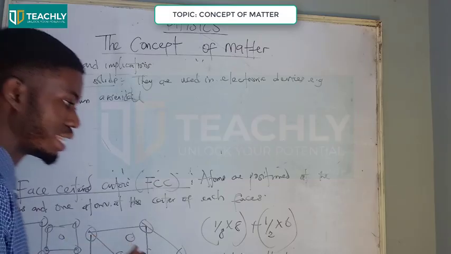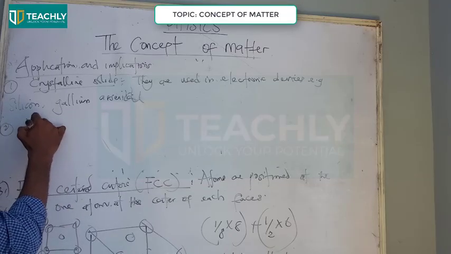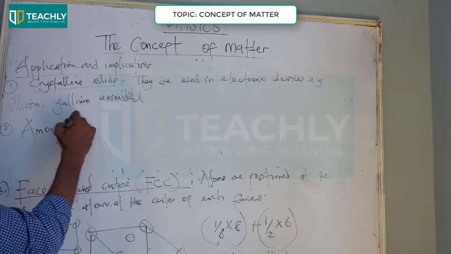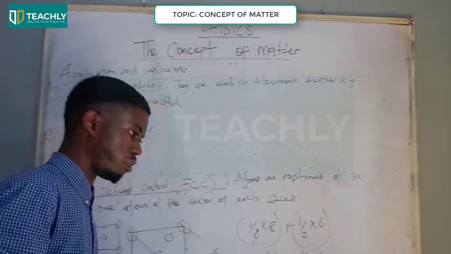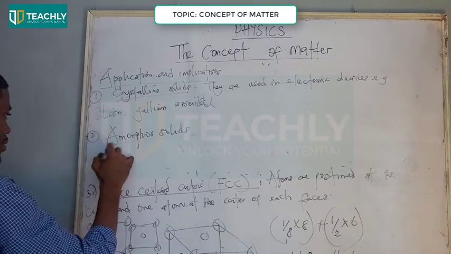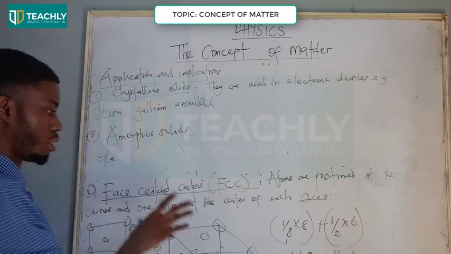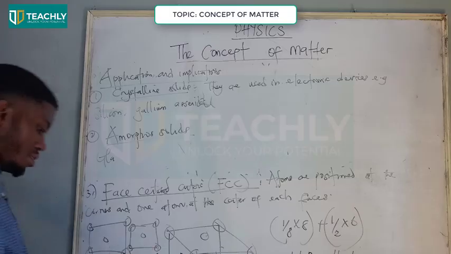And then for amorphous solids, the first one we have is glasses. Don't forget I mentioned earlier when I was giving examples of amorphous solids, I mentioned glass and I mentioned plastic.